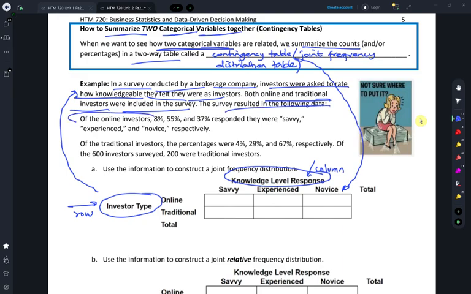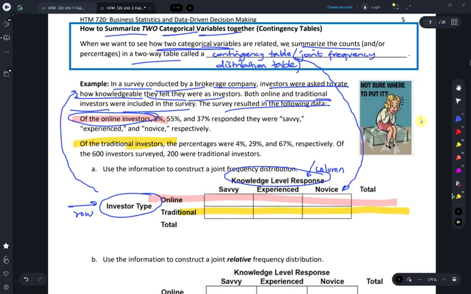Out of all those who are online investors, 8%, 55%, and 37% responded that they were savvy, experienced, and novice, respectively. On the other hand, out of all those who are traditional investors, the percentages were 4%, 29%, and 67% respectively.